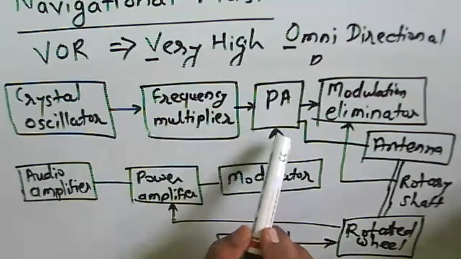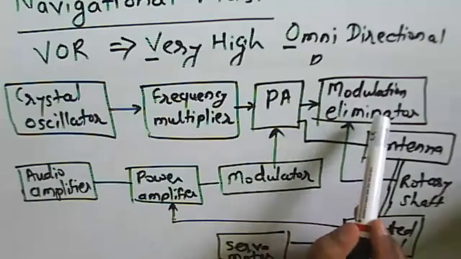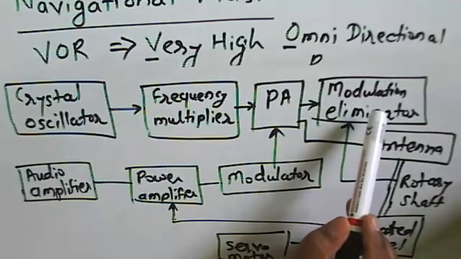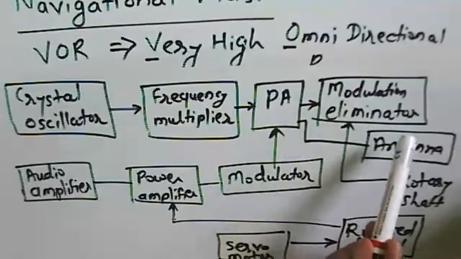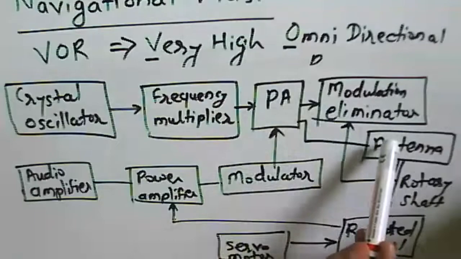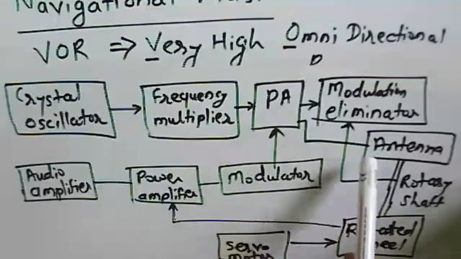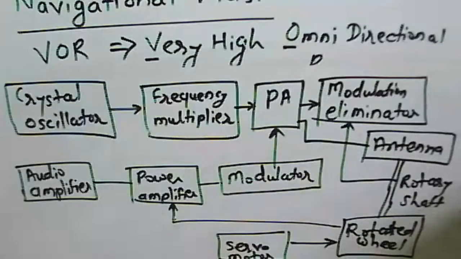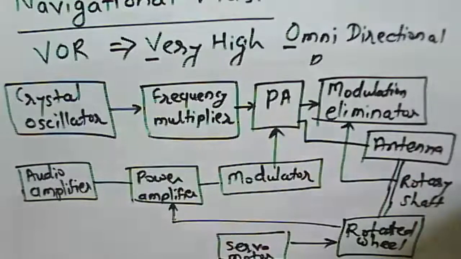Then the output of this power amplifier is fed to the modulation eliminator, and then given to the antenna. So one output goes to the modulation eliminator and one output to the antenna. Likewise, this one is about VOR ground equipment.